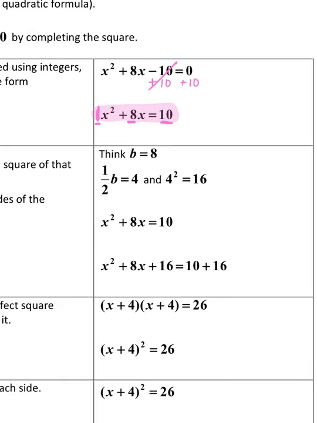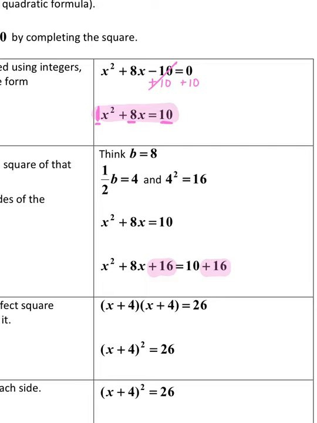Now we're going to add that in to both sides of the equation. So if you look, it was added in here and added in here. So now we have x squared plus 8x plus 16 equals 10 plus 16.